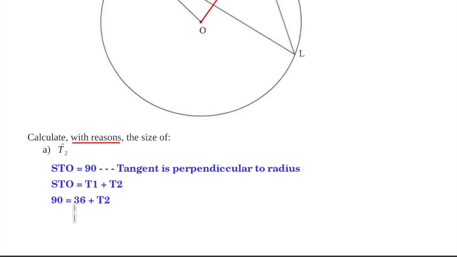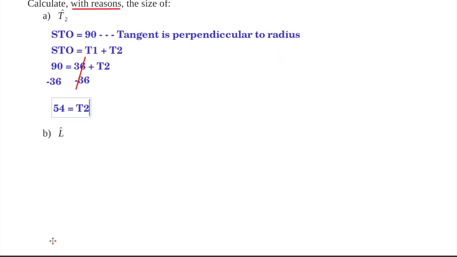We need to get rid of the 36. So we just need to subtract 36 from both sides of the equation. Then you are left with 90 take away 36, which is 54 degrees, is equal to T2. We have successfully answered the first one.